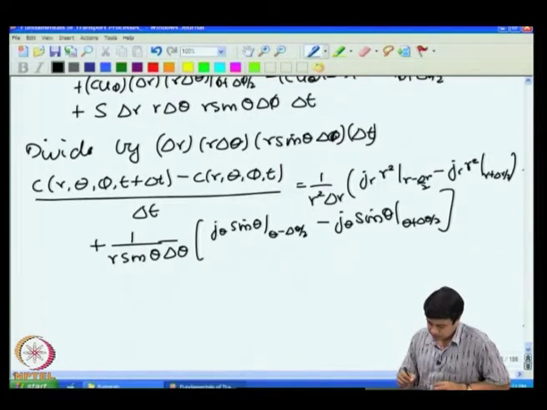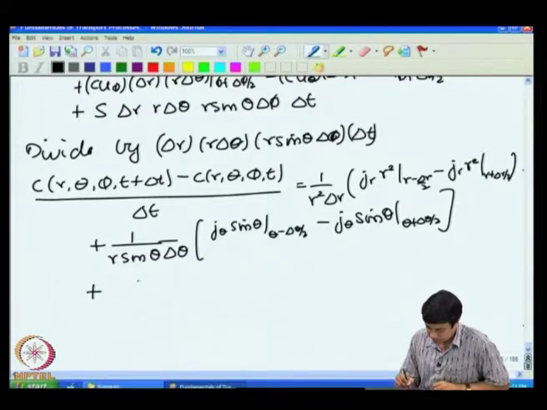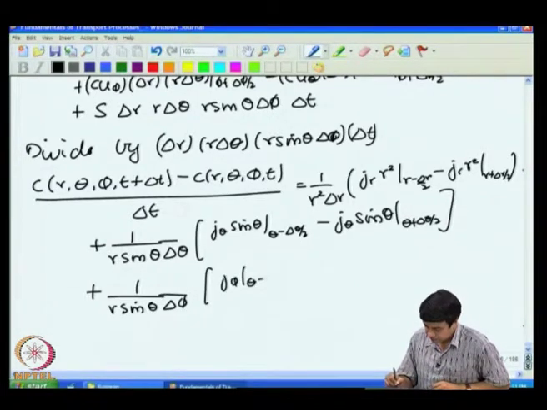Similarly, I will have in the phi direction the area is delta r times r delta theta. And therefore, when I divide throughout I will get 1 over r sin theta delta phi into J_phi at phi minus delta phi by 2 minus J_phi at phi plus delta phi by 2.